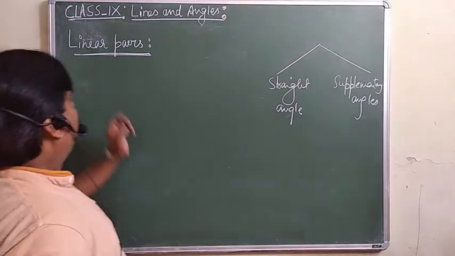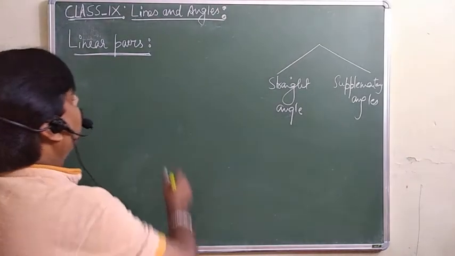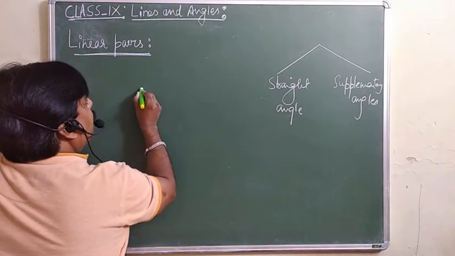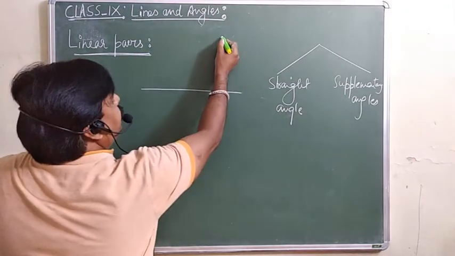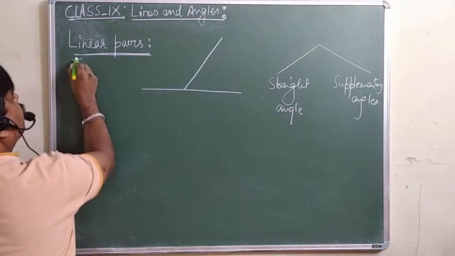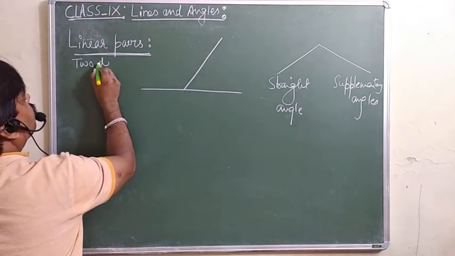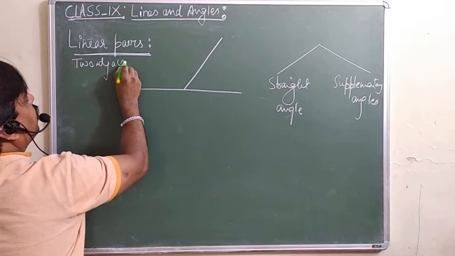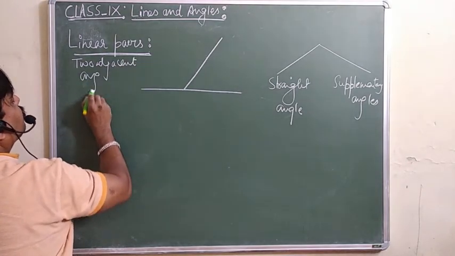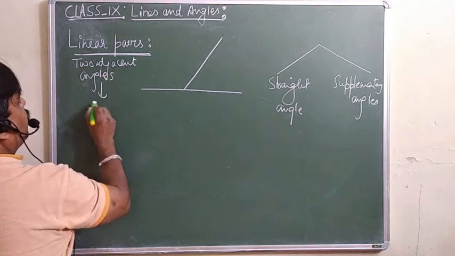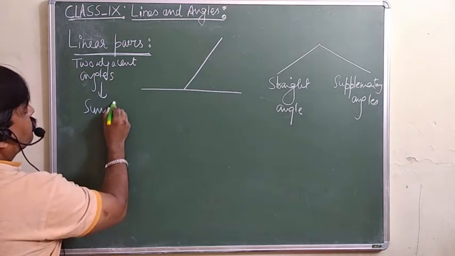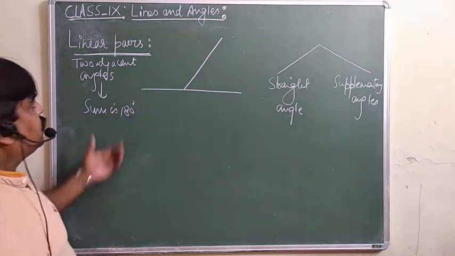Okay, now we will discuss linear pairs. A linear pair means two adjacent angles whose sum is 180 degrees.